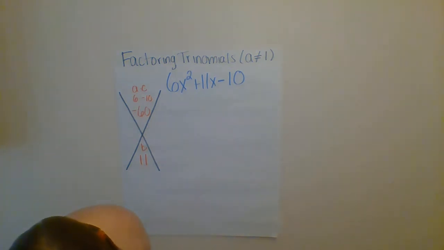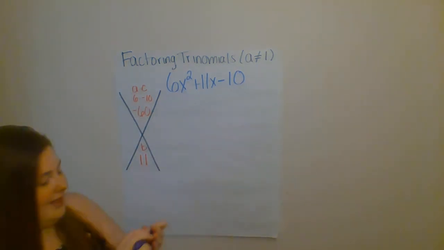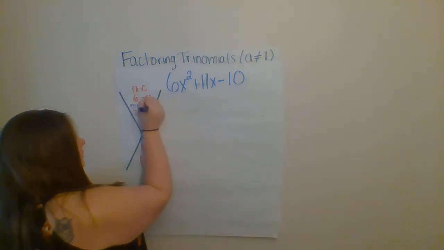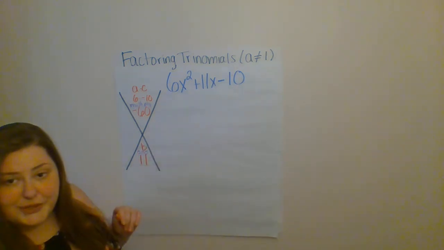Now, we are going to find multiples of negative 60 that will add to 11. So they have to multiply to negative 60 and add to 11.